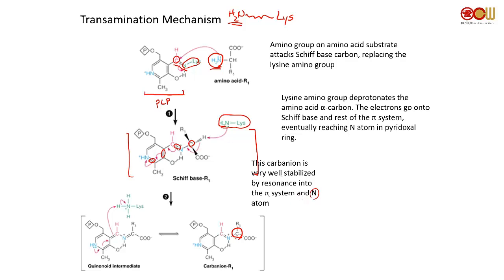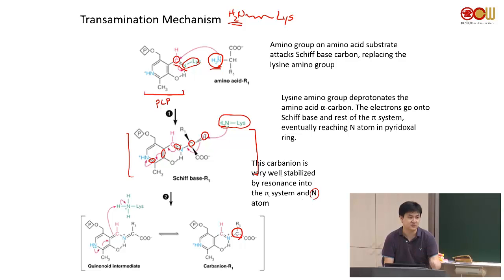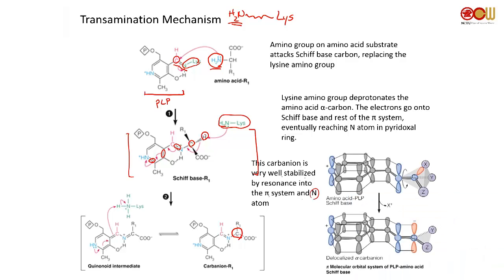The reason you can pull off this proton is because the resulting structure is very stable. Like we said before, to deprotonate a hydrogen on a carbon, you need a resonance structure, just like alpha carbons can be deprotonated because they have resonance. Here the resonance is even better because you have a large pi system downstream to share the electrons.